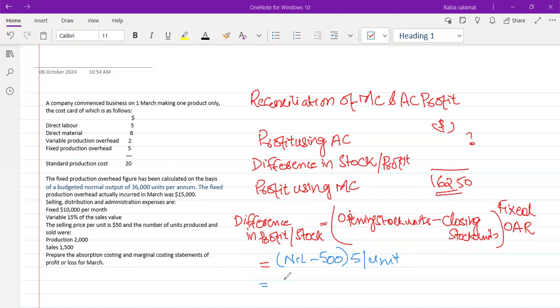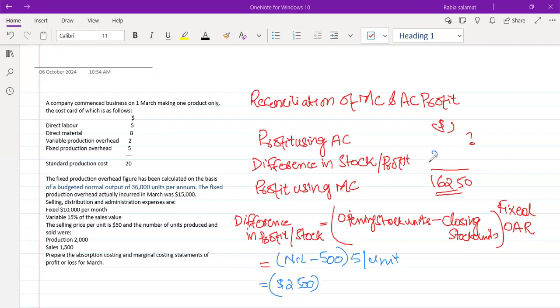That gives 2,500, negative. It means your closing stock is more than your opening stock, and your absorption costing profit is higher than marginal costing.